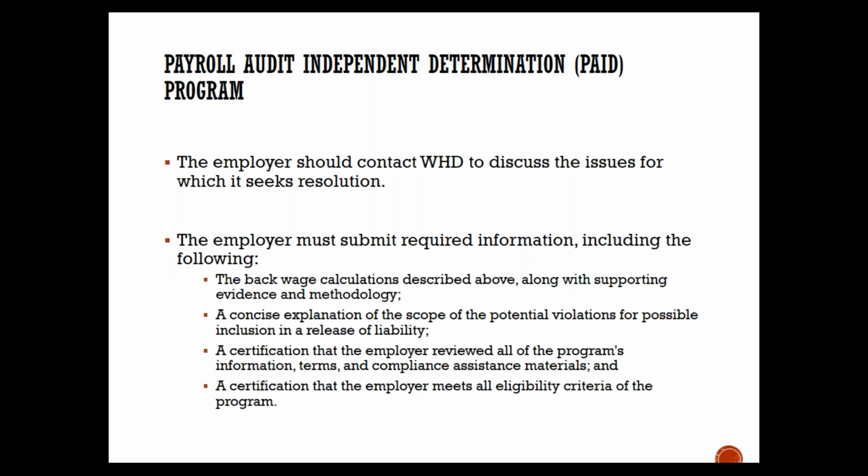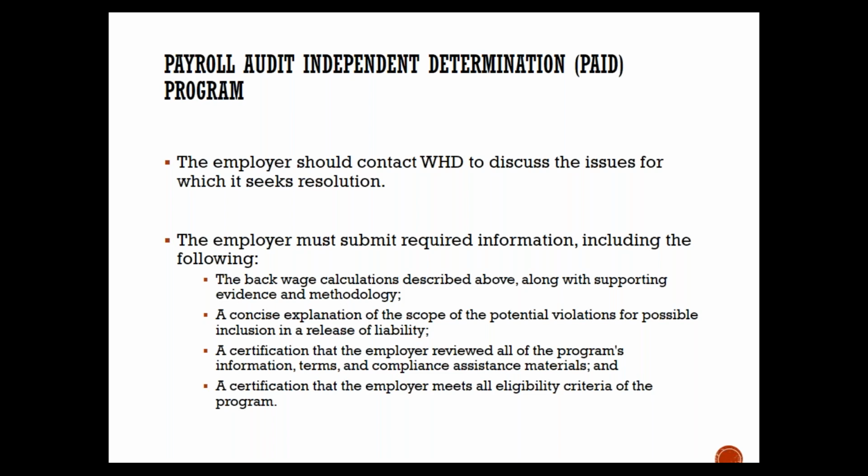And so here's everything that you would have to submit, that you're required to submit to start this, to stop it from going to litigation or an audit. The back wage calculations with supporting evidence and your methodology for doing that. A concise explanation of the scope of the potential violations, certification that the employer reviewed all of the program's information, terms, and compliance.